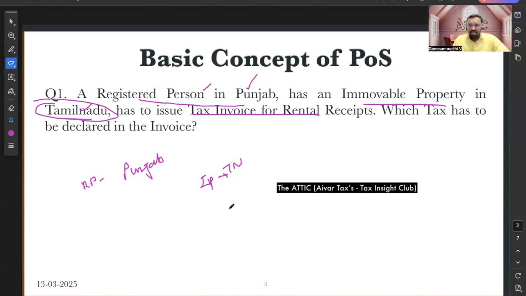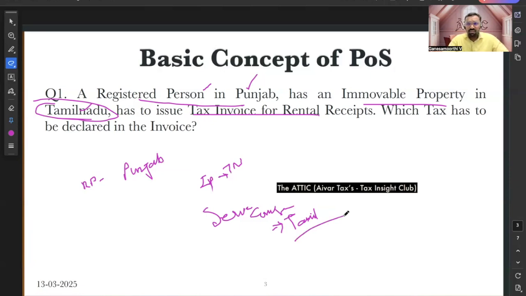Here it is a service, and the service is consumed in Tamil Nadu. Am I right? Renting of immovable property is a service. The property is located in Tamil Nadu, so the service is consumed in Tamil Nadu. The destination is Tamil Nadu, so the Tamil Nadu state should get the revenue.